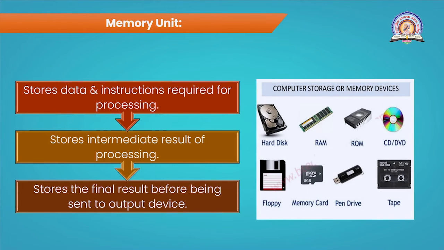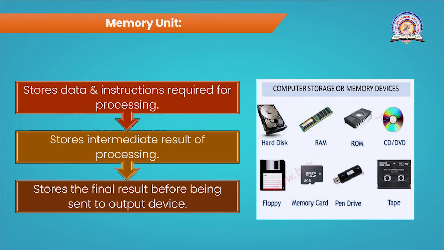So whatever data is entered by the input unit, that data is stored in the memory unit. And the calculations done by the ALU are also stored in the memory unit. Means the memory unit stores your input, output or the processed data, or the data during the processing.